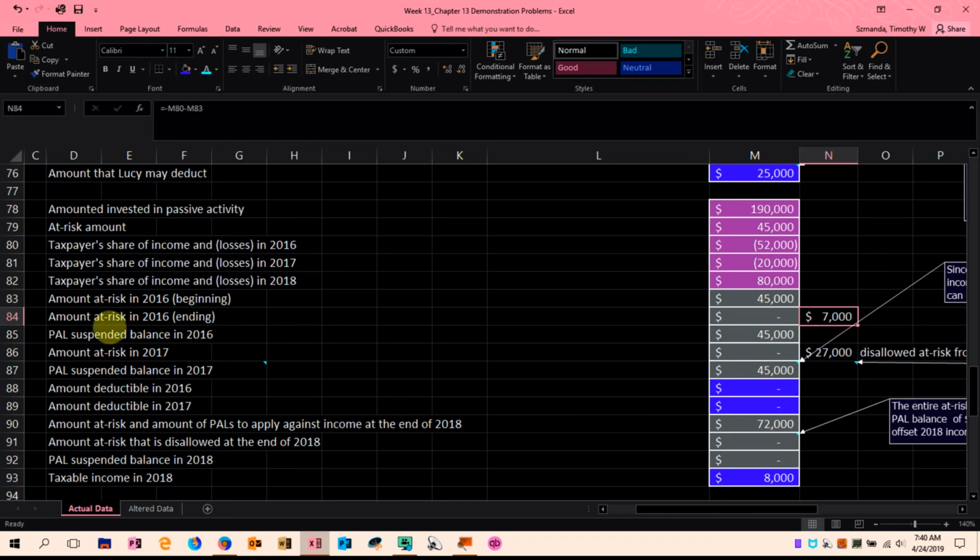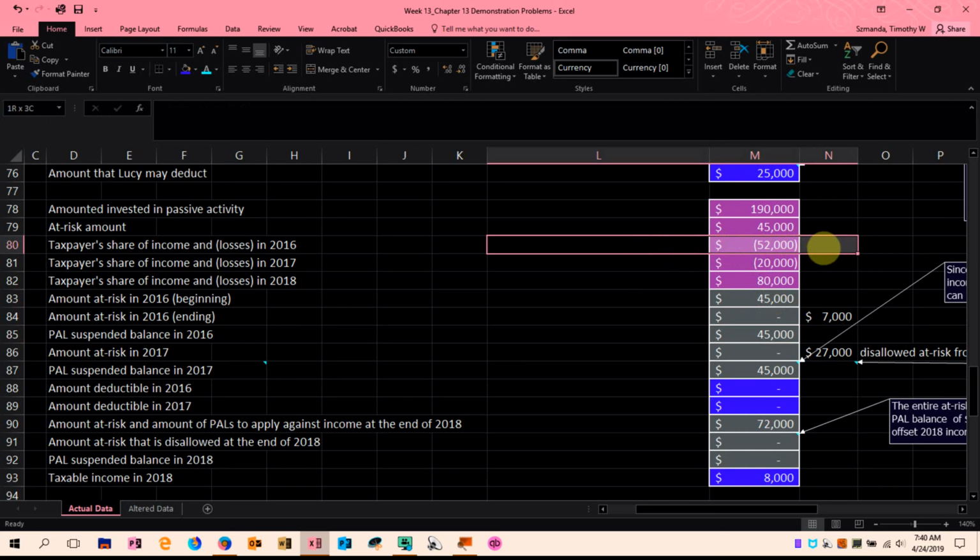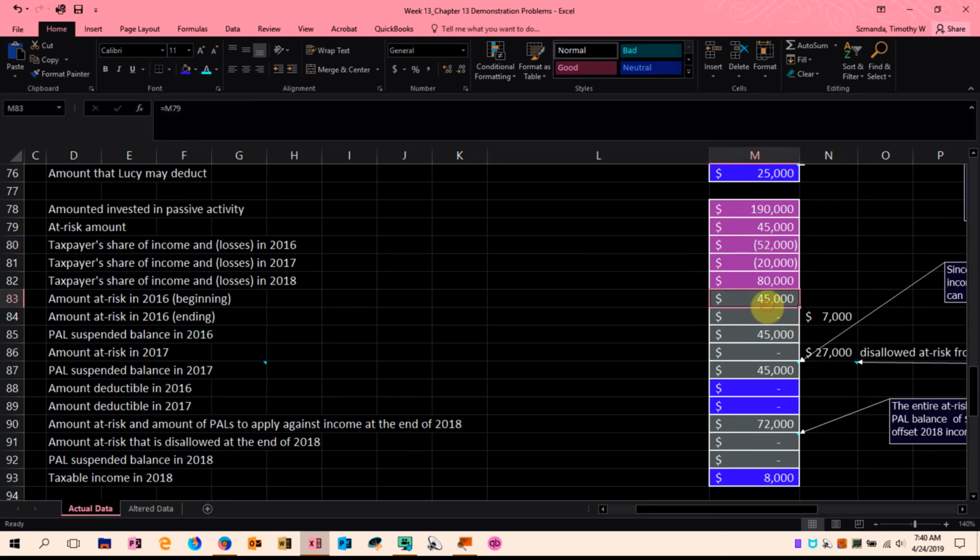All right, now we're going to look at the passive activity loss, still in 2016, but at the passive activity loss rules. Well, $45,000 made it through. Remember, we have a $52,000 loss in 2016. $45,000 of that made it through the at-risk rules because it was entirely used up that year.